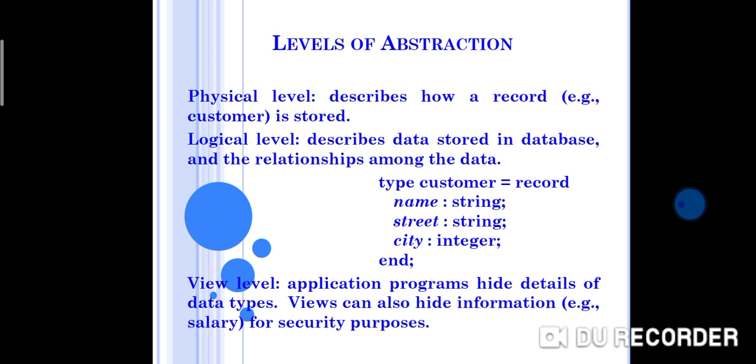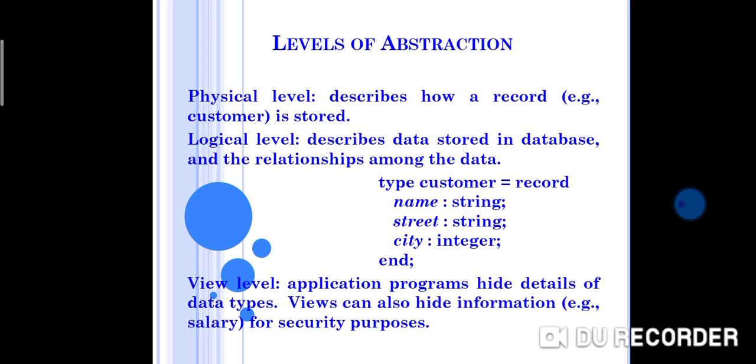For example, let's say we are storing customer information in a customer table. At the physical level, these records can be described as a block of storage, that is bytes, gigabytes, terabytes, etc., in memory. These details are often hidden from the programmers also.